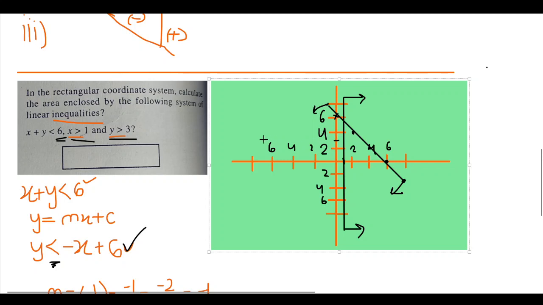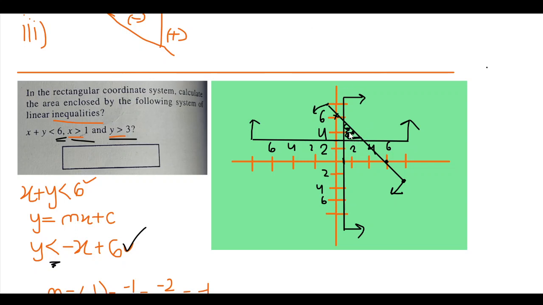Okay, careful. Yeah, now we're talking. Since y is greater than 3, I have to move uphill, in the up direction.